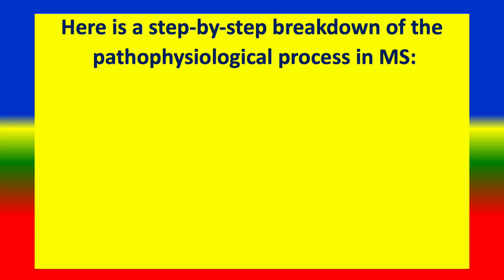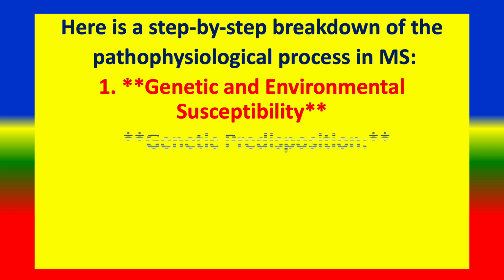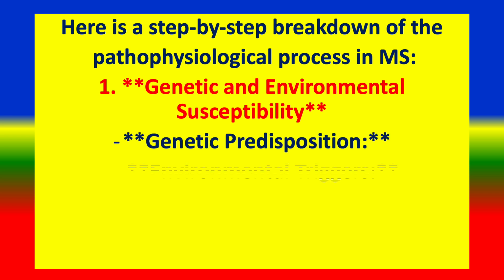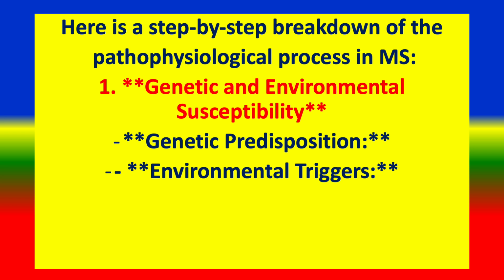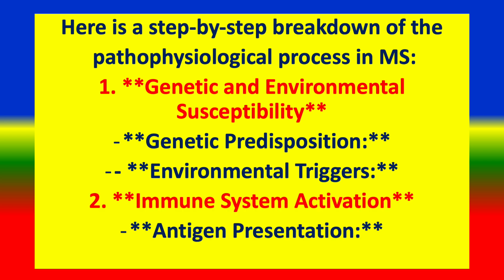Here is a step-by-step breakdown of the pathophysiology process in MS. 1. Genetic and environmental susceptibility: genetic predisposition and environmental triggers lead to immune system activation, antigen presentation, and T cell activation.